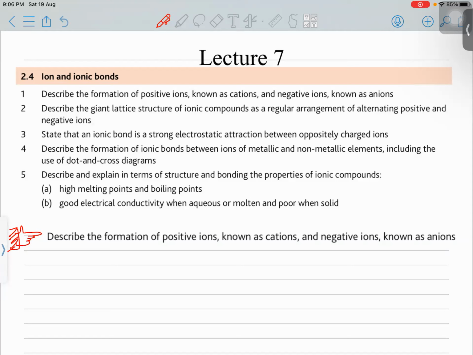Okay. Anyone else? What are ions? Anyone else? So first write the definition of ion.